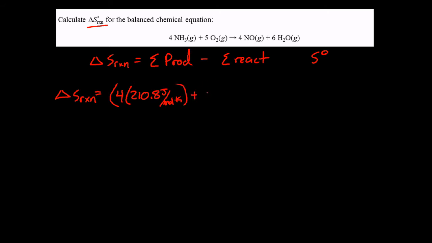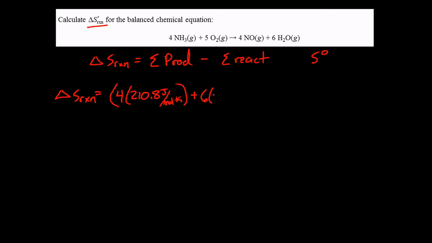We're going to add to that 6 times the number for water. And in this particular appendix, I believe water is listed under oxygen. Let me see here. There it is. Okay, so water in the gas phase. You need to be careful about that because it's very easy to get the number for liquid instead. But in the gas phase, the standard entropy of water at 25 degrees C is 188.8.